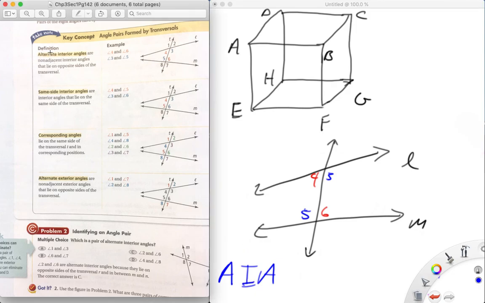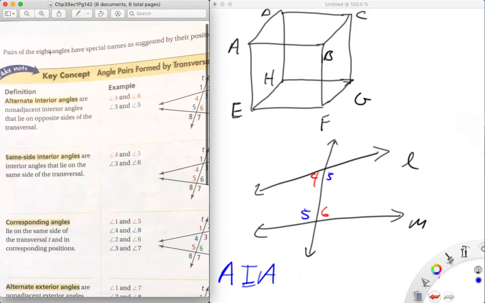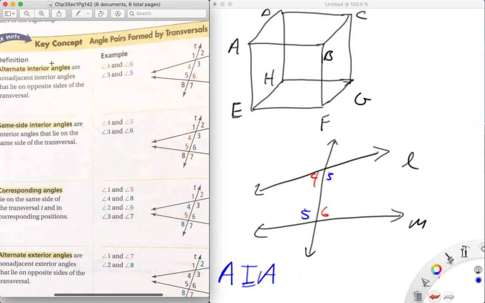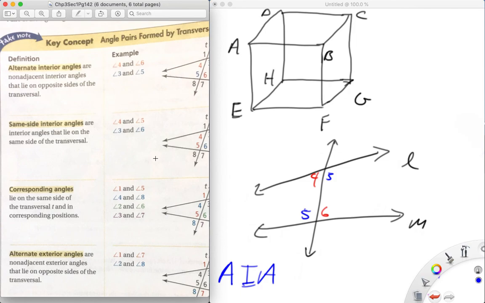And the definition says that alternating interior angles are non-adjacent interior angles that lie on the opposite side of the transversal.